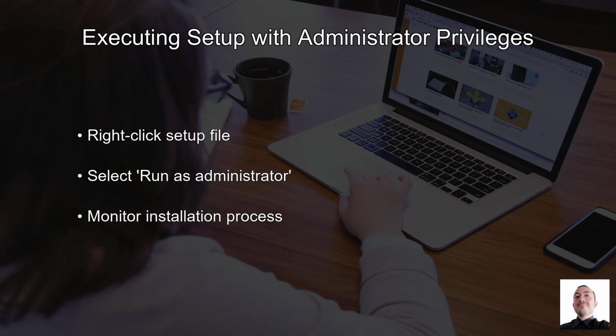Remember, running applications as an administrator should be done cautiously and only when necessary, as it gives the application full control over your system. After initiating the setup this way, monitor the process closely to ensure it completes without further issues. If the error persists, we'll explore additional troubleshooting steps in the next segment.